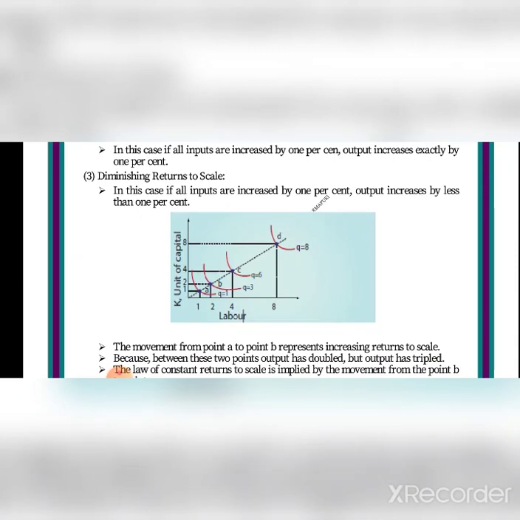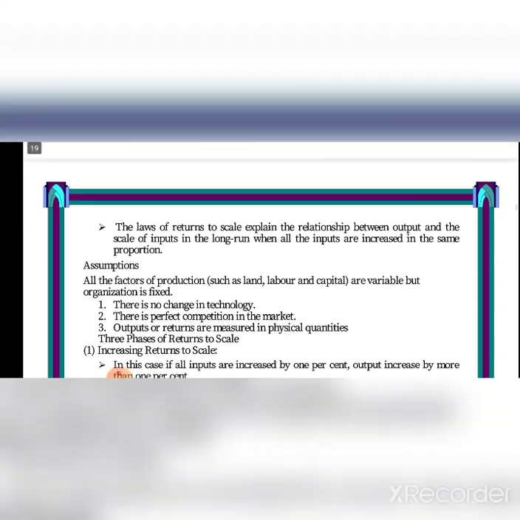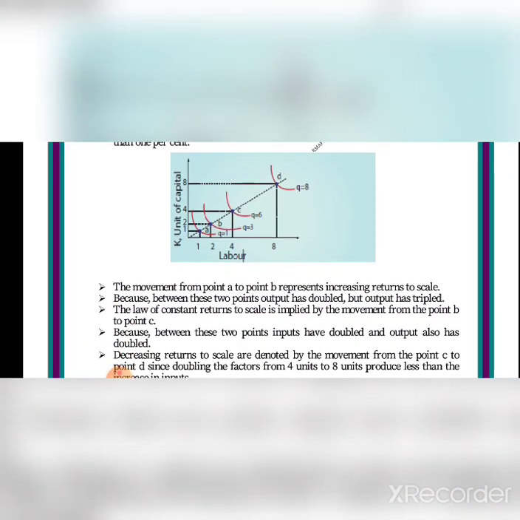With all these things, you will draw the diagram. The earlier diagram was for the law of diminishing returns. This diagram is for what? Returns to scale. So we will draw the diagram clearly. You draw it in your note and then you write the explanation.